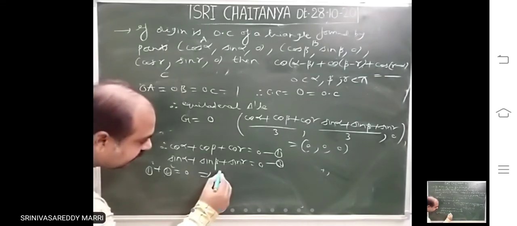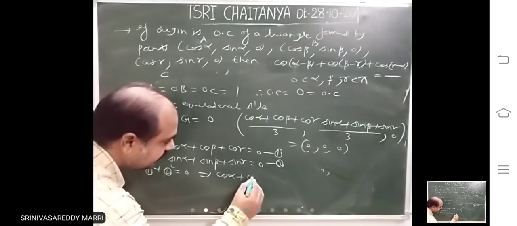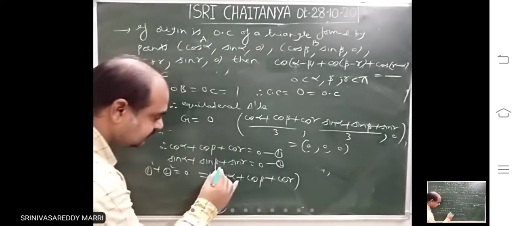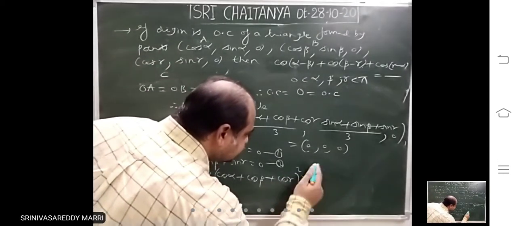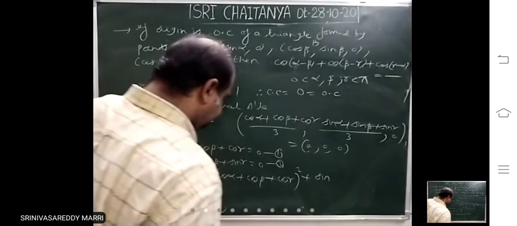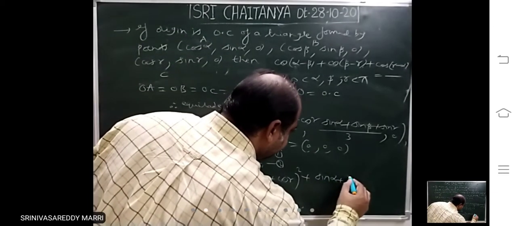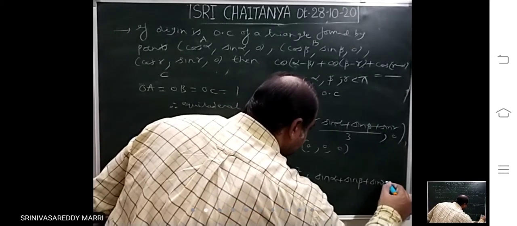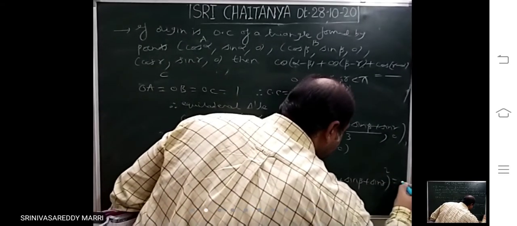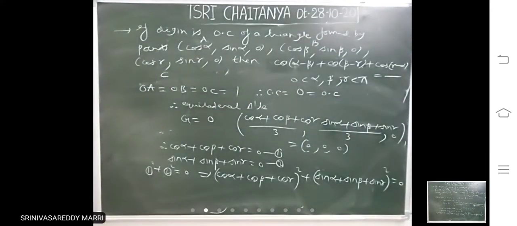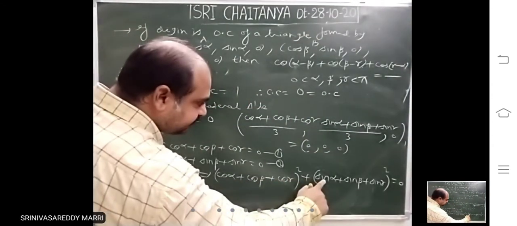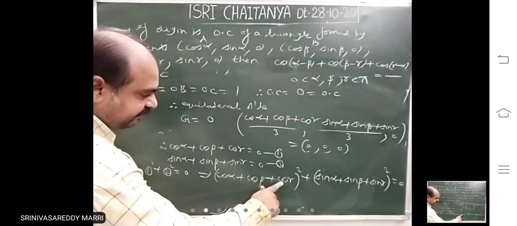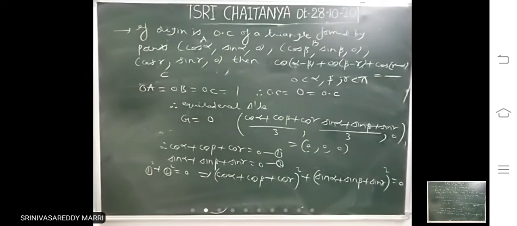That implies (cos alpha plus cos beta plus cos gamma) whole square plus (sin alpha plus sin beta plus sin gamma) whole square equals 0. Now cos square alpha plus sin square alpha is 1. Here you write a square plus b square plus c square plus 2ab plus 2bc plus 2ca.